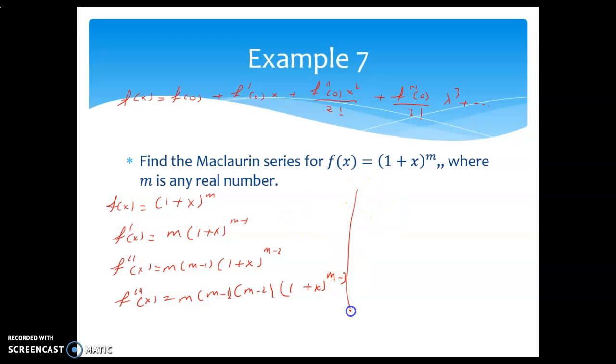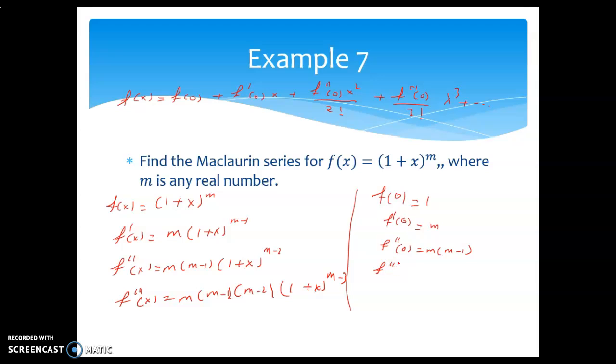So when we evaluate that, f of 0 would be equal to 1. When we evaluate f prime of 0, that would be equal to m. F double prime of 0 is going to be equal to m times m minus 1.